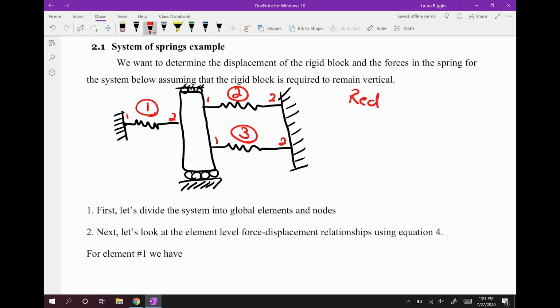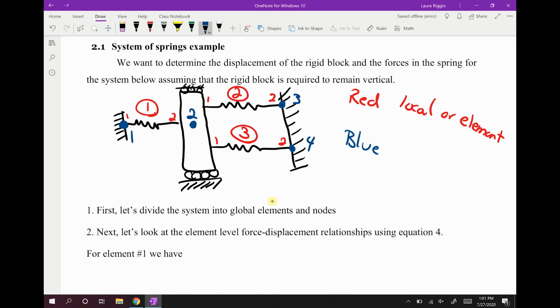What's written in red are local or element level numberings. But we also have, from a global standpoint, things connecting at 1, 2, 3, and 4.